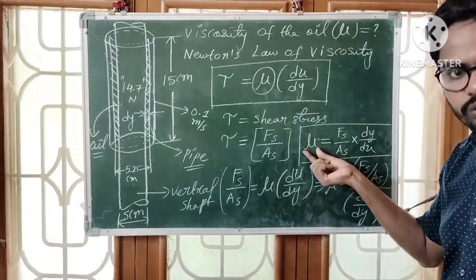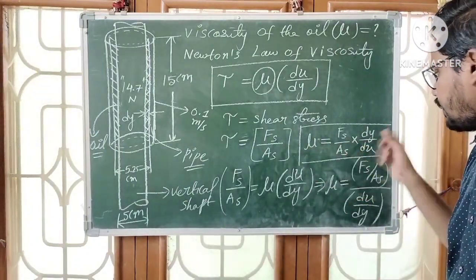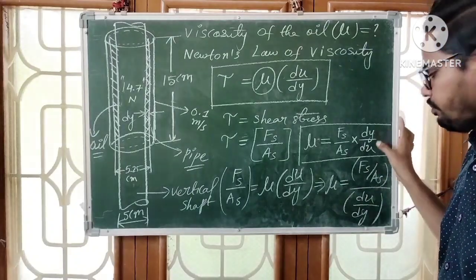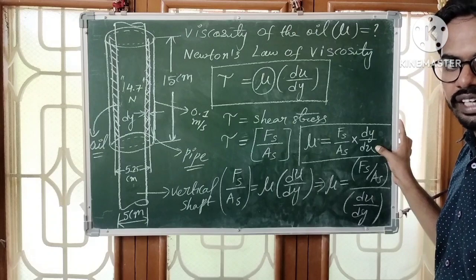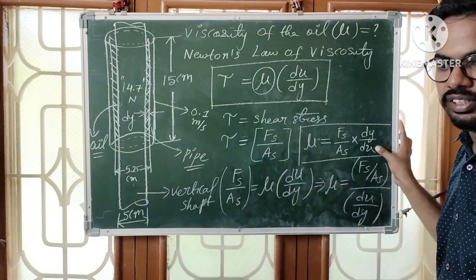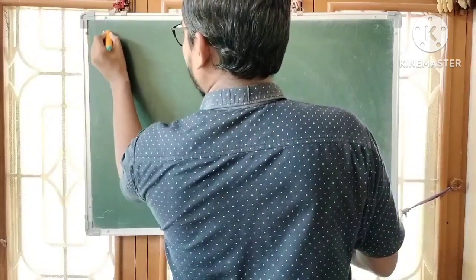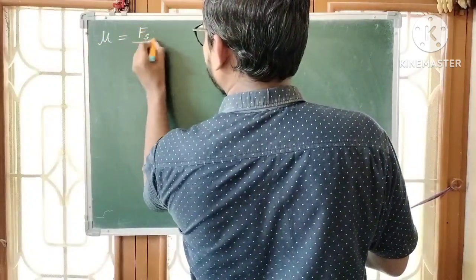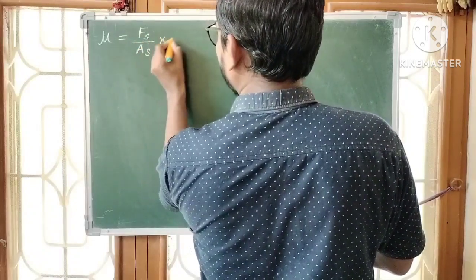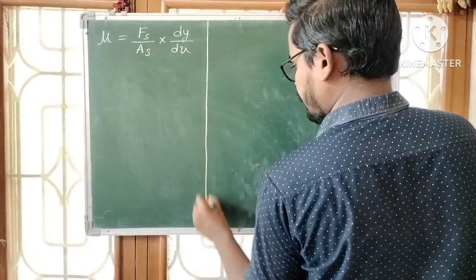So to find mu, viscosity of oil, we need shear force, shear area, thickness of oil film, and change in velocity of fluid layers, or change in velocity of pipe. So mu is equal to Fs by As into dy by du, according to Newton's law of viscosity.